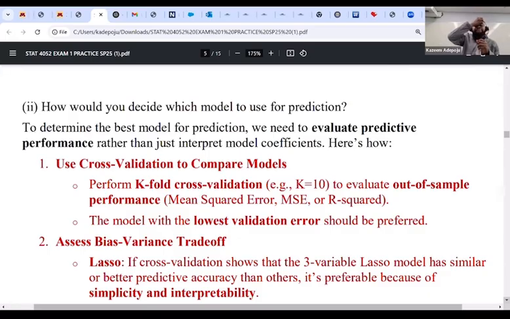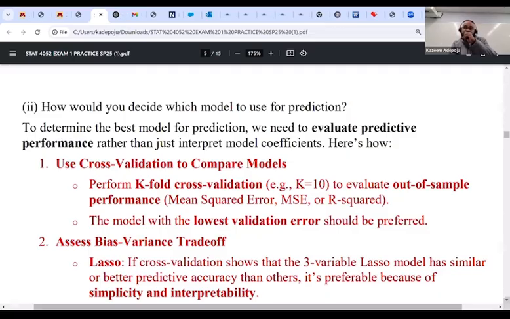Then the exam is also going to test your knowledge of metrics of evaluation. Knowledge of K-fold, knowledge of validation set, knowledge of leave-one-out.